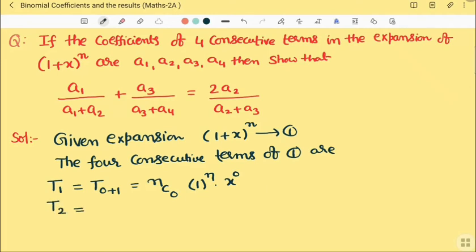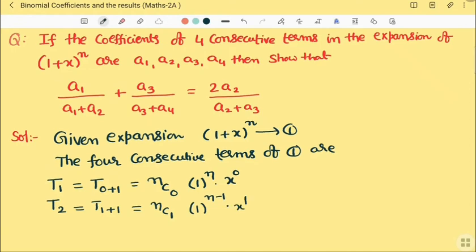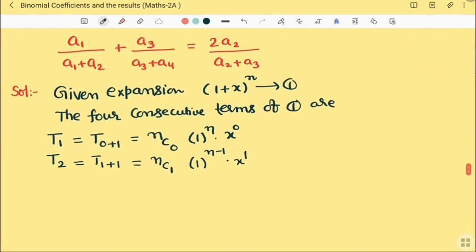T2 can be written as T1 plus 1 only, no? So, if we compare with T(r+1), r is equal to 1 will come. nC1 1^(n-1) x^1. Similarly, T3, 4 consecutive terms they are saying.